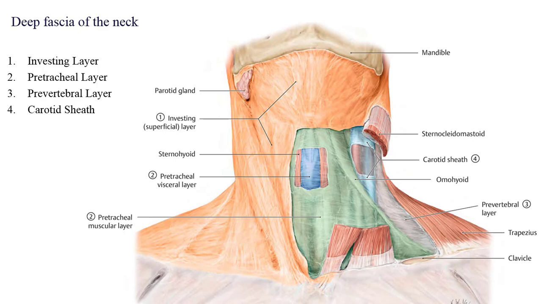In certain areas, deep fascia is condensed to form well-defined fibrous sheets called the investing layer, the pretracheal layer, and the perivertebral layer. It is also condensed to form the carotid sheath. An investment of the fascia derived from the component layers of deep fascia surrounds the large vessels and nerves that pass between the trunk and the head.